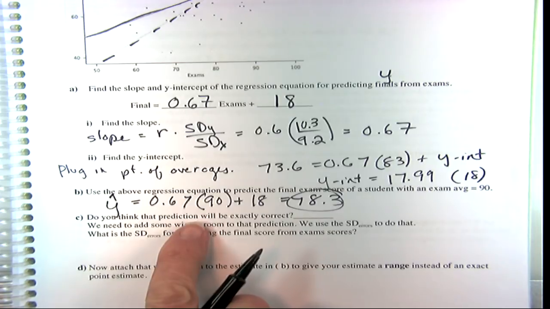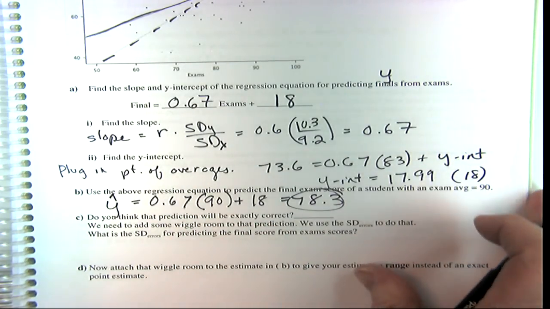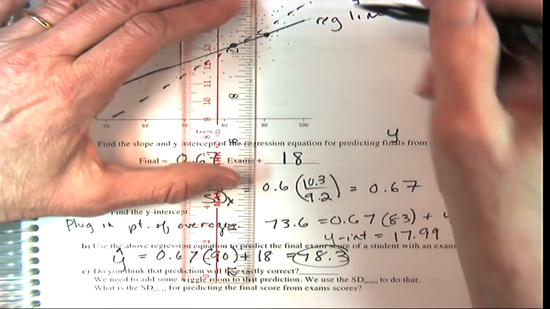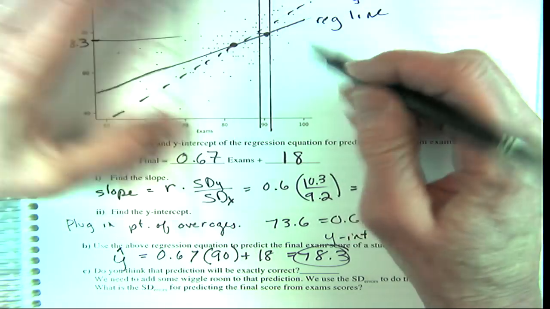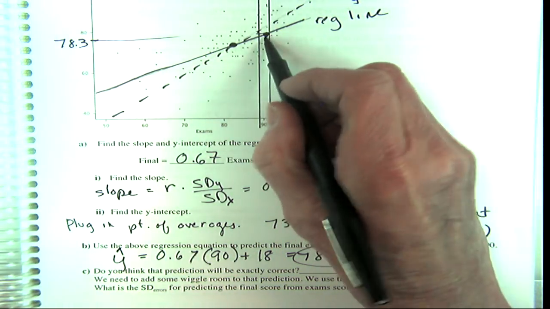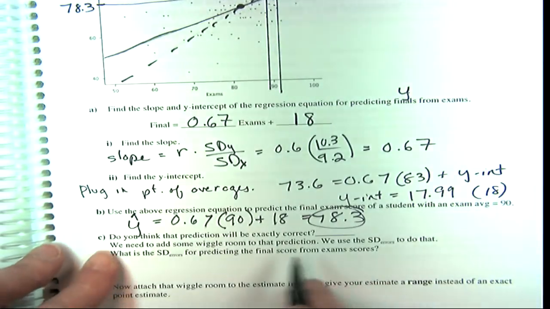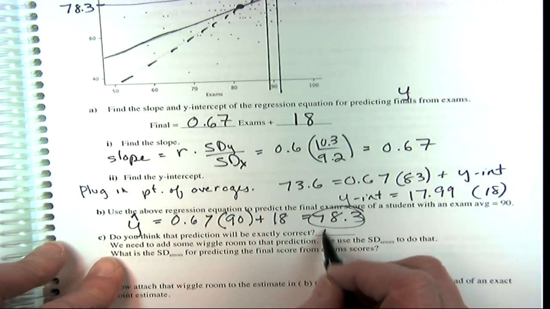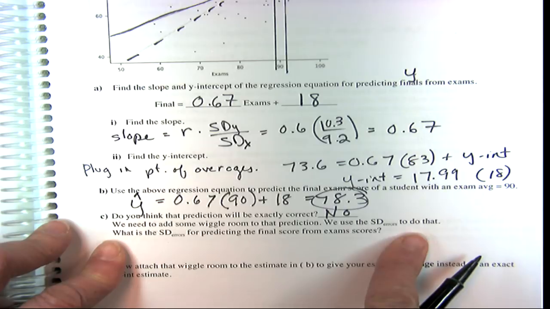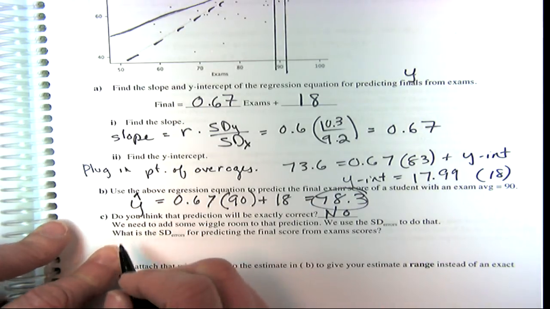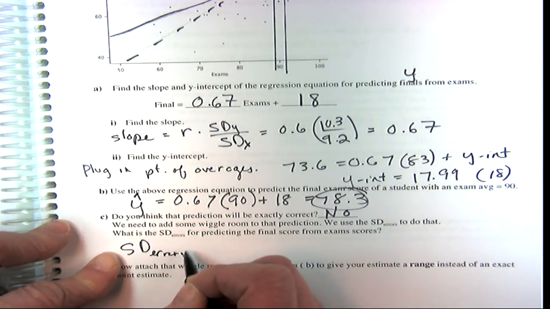Okay, do you think that prediction will be exactly correct? No. Look at all the people who got 90s. There's a range, right? There's people down here. They're all over. It's not exactly correct. We're just making a prediction, right? So we need to add some wiggle room, and that's what the standard deviation of the errors is, also known as the root mean square error.